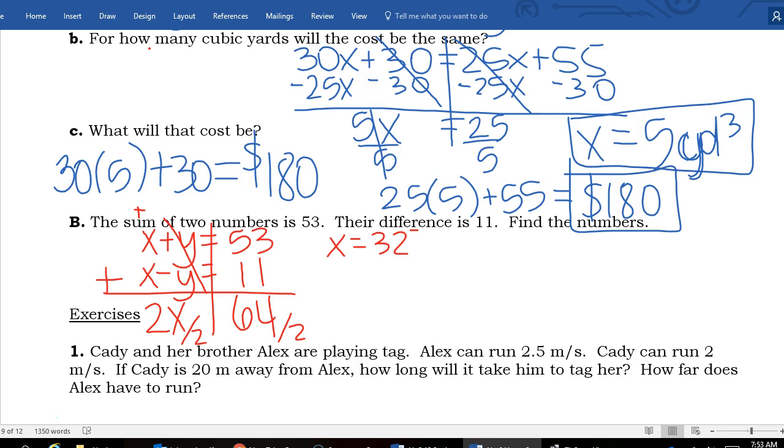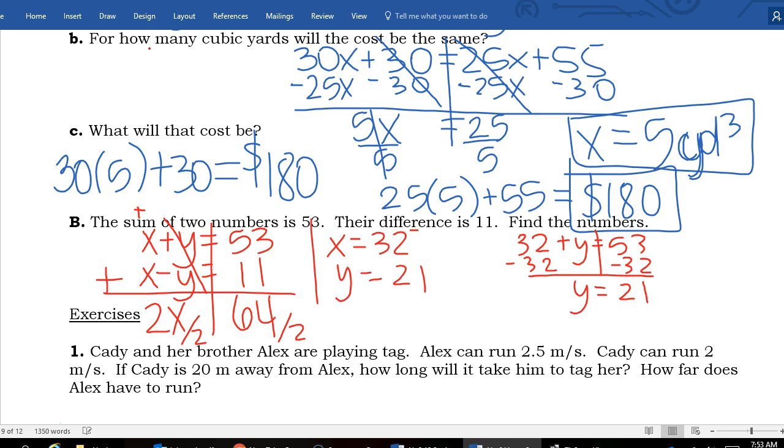I can substitute 32 into either of those equations, the first one or the second one, and then solve. If I subtract 32 from each side, I will get my answer for y. y equals 21. Let's put that over here so that we can box our answers together.